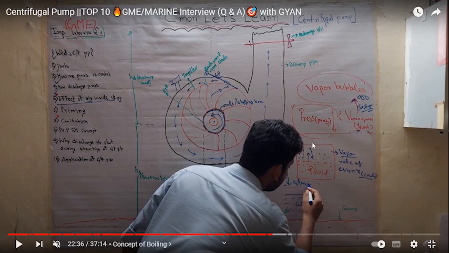One force is the atmospheric pressure force in this direction, and one is the vapor pressure force in the above direction. And the moment is the simple Newton concept. The moment the vapor pressure overcomes the atmospheric pressure, becomes greater than 1 atmospheric pressure, it starts boiling. So this is what happened.